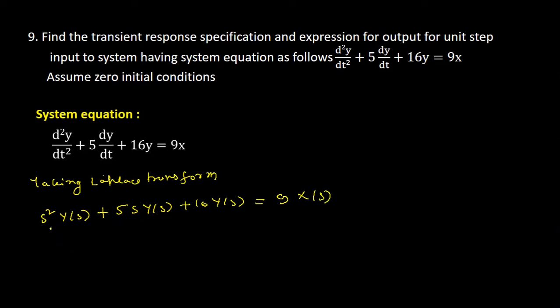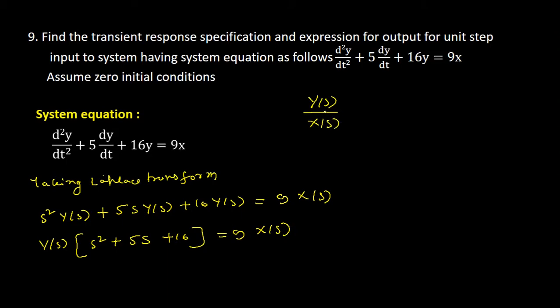Now we take common Y(s) from this equation. We will get Y(s) multiplied by s square plus 5s plus 16 is equal to 9 X(s). From this equation we can find the output response by input response. Y(s) by X(s) is equal to 9 divided by s square plus 5s plus 16.